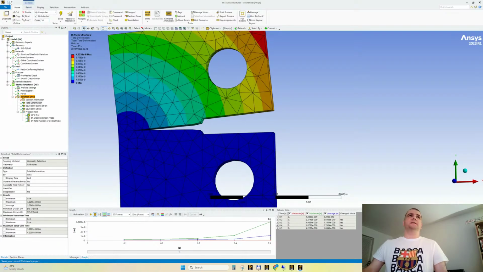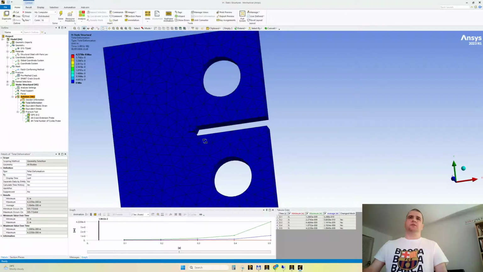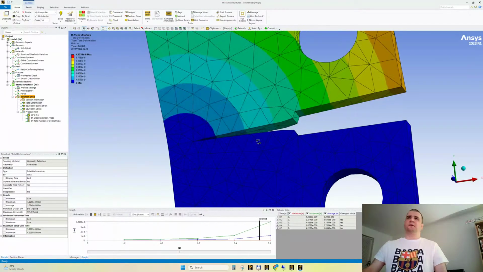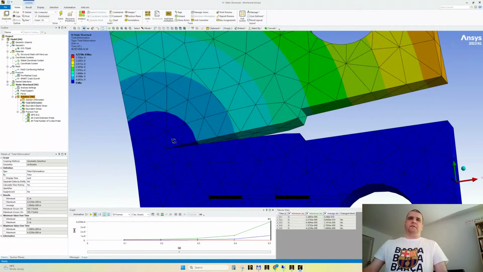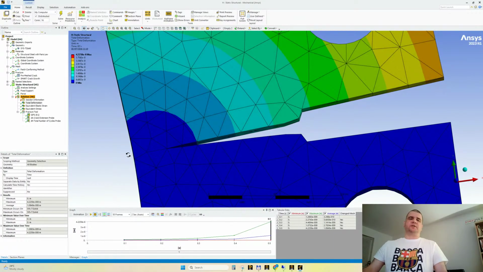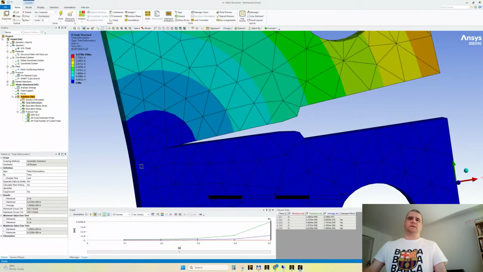Why did it stop? Look here, this is why we don't need a very fine mesh. The mesh is being remade here. The FE stopped because the crack reached the end. This is why the FE stopped.